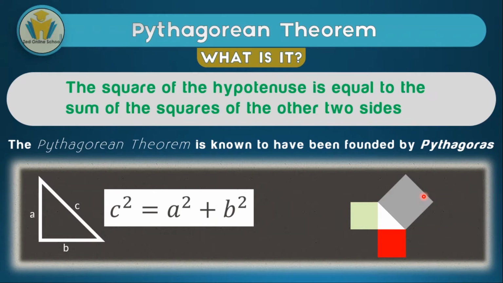And so they found the relationship that the area of this, which is C squared, if we take the same naming of these sides, C squared was equal to the area of B squared plus A squared. Actually, this example I've shown you here is one of the ways in which you can prove that the Pythagorean theorem is actually true. With that said and done, now let's get into some calculations.